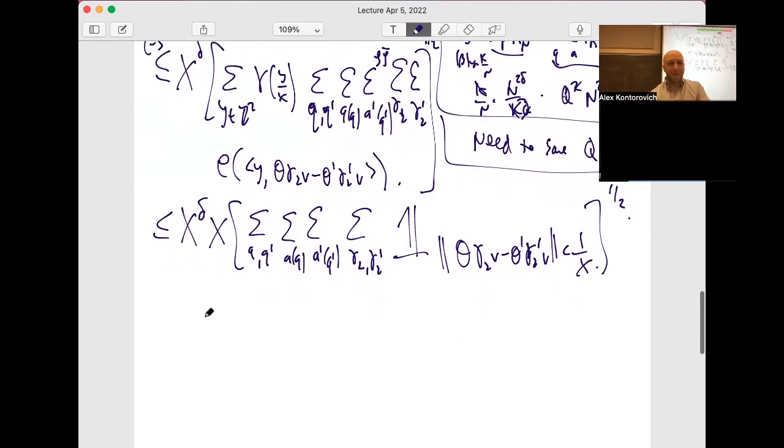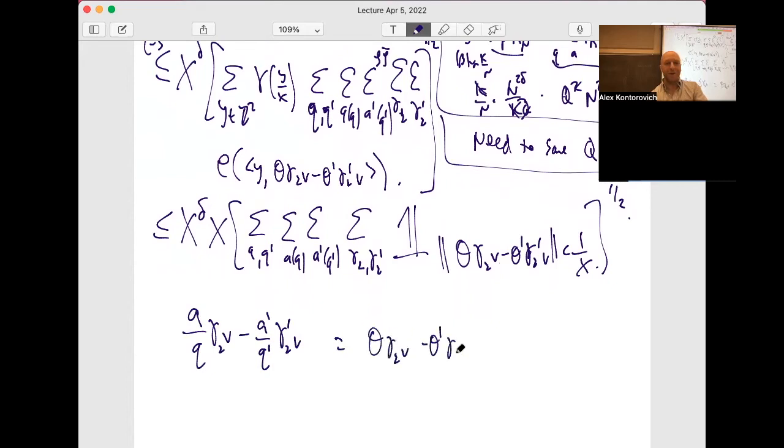Okay, here's the problem. What if we want to break this up into a modular piece? That's A over Q gamma 2 V minus A prime over Q prime gamma 2 prime V will be equal to theta gamma 2 V minus theta prime gamma 2 prime V minus beta.